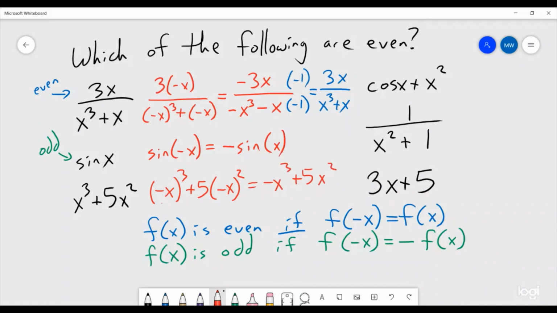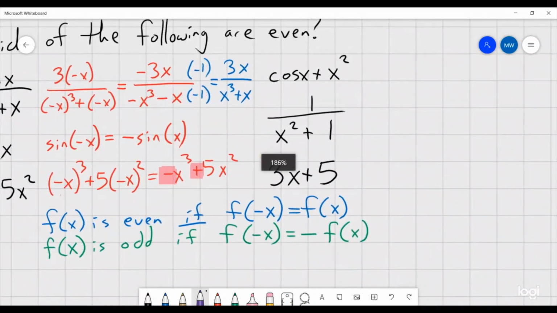Okay, so that's not even because it's not exactly the same because we have this negative sign out front, but it's also not odd because this plus is also not a negative. So this one's not even and it's not odd, so this one is neither. It's neither even nor odd. Let's go and look at some of these other ones that we have.